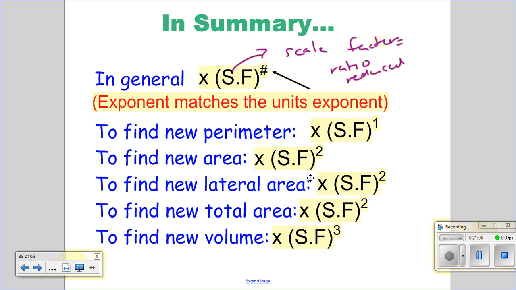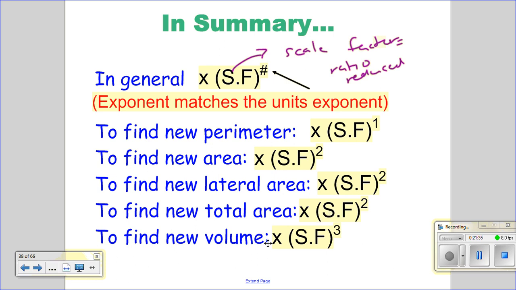To find the new lateral, again, since it's area, which is two-dimensional, you're going to take your scale factor, raise it to a power of 2, and then multiply that number by your original lateral area. And to find the new total area, again, since it's area, take the scale factor, raise it to the power of 2, multiply that by the original.